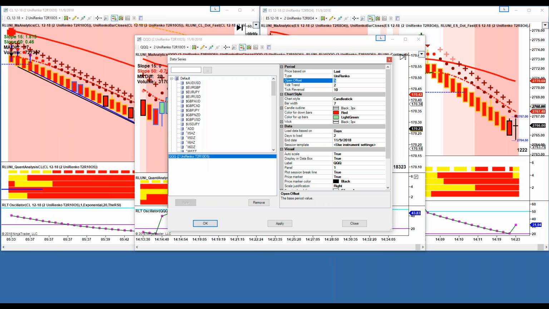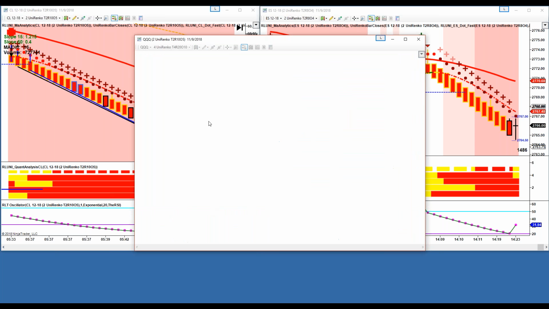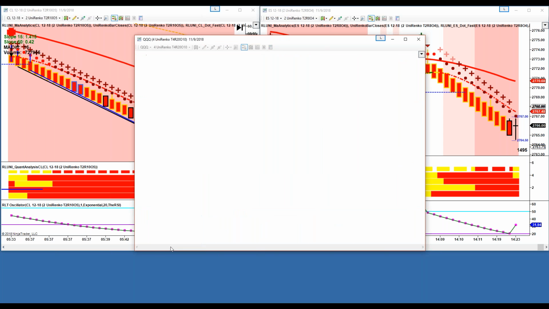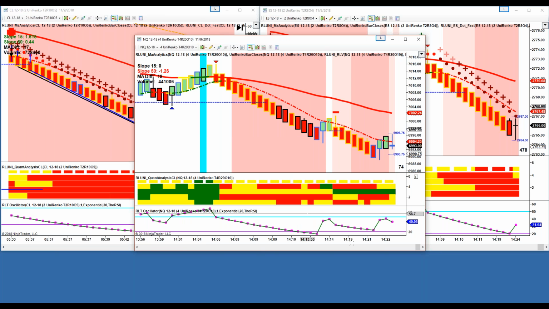Now, the NASDAQ today was like a godsend. It was a killer chart. Now, let me move this to the NQ. I hope this doesn't blow up my chart. There it is. Let me put in my NQ template.